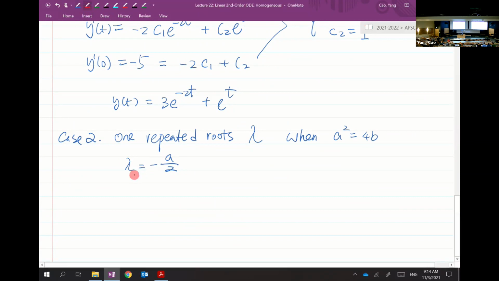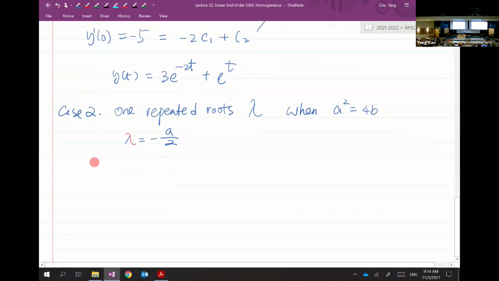So it's repeating twice, so there's only one lambda basically. If there's only one lambda, then I can certainly create a particular solution. So that gives me one particular solution here.